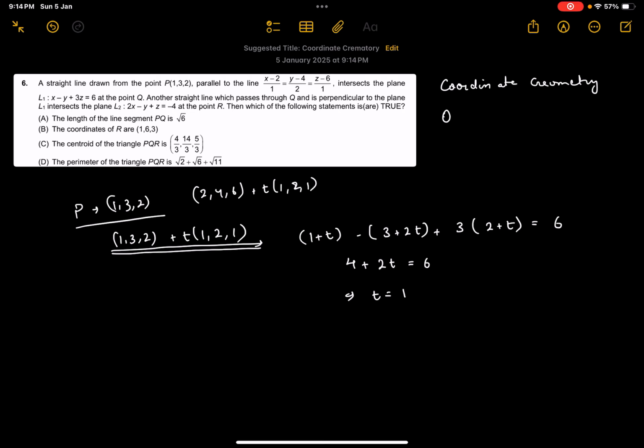So now we have the point Q, which is 1 plus t, that is 2, comma 3 plus 2t, 5, comma 2 plus t, 3. So Q is (2, 5, 3).